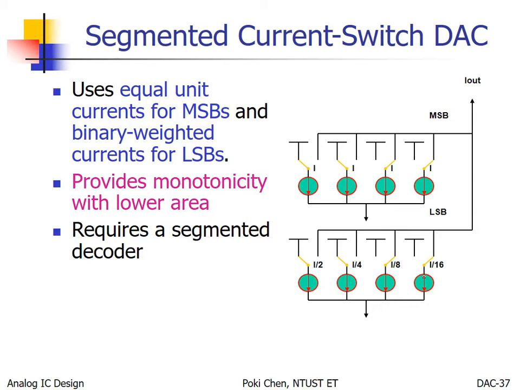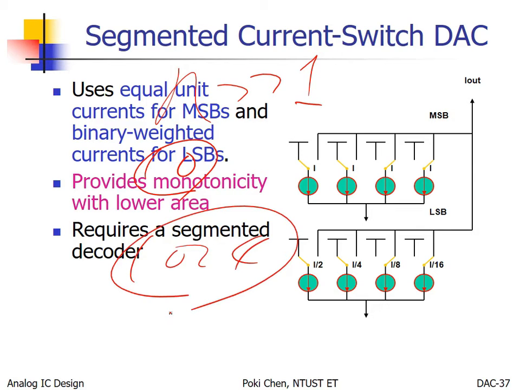However, even though the manually weighted structure will provide the best performance, the problem is if n, the number of bits, becomes too much, then, for example, if you have 10 bits, wow, sorry, you need to have so many unique current sources, right?